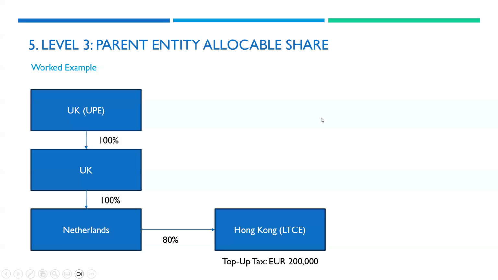Let's assume that the question does not say about UK or Netherlands. This is the parent entity allocable share and not the jurisdictional one. Let's say that after the jurisdictional and entity level calculations, this particular entity has a top-up tax of 200,000. Now you tell me, how will it be paid? Which parent will pay that?